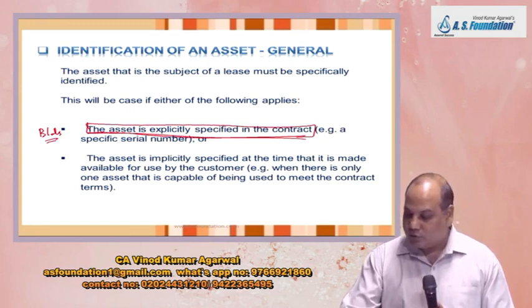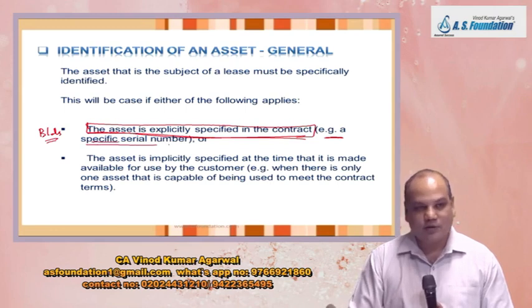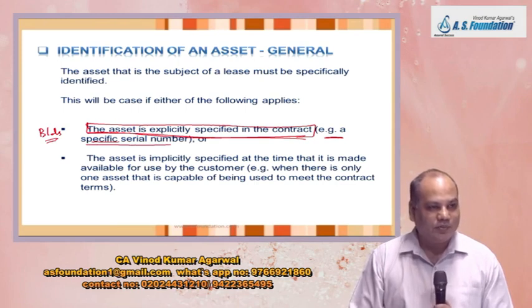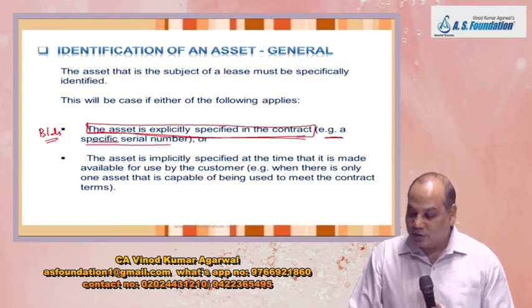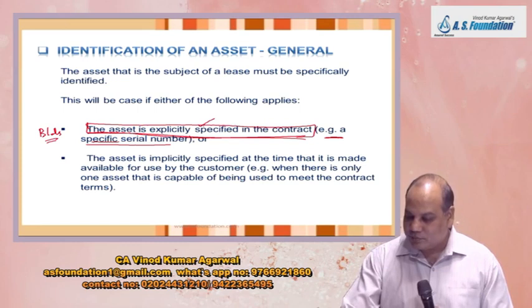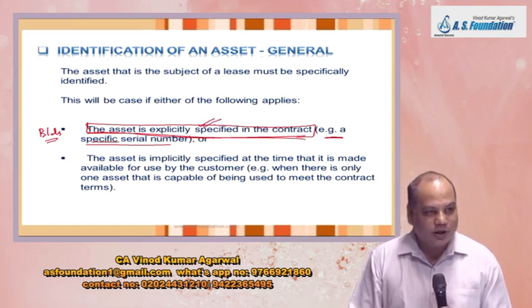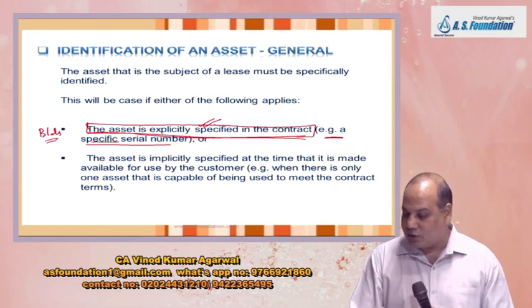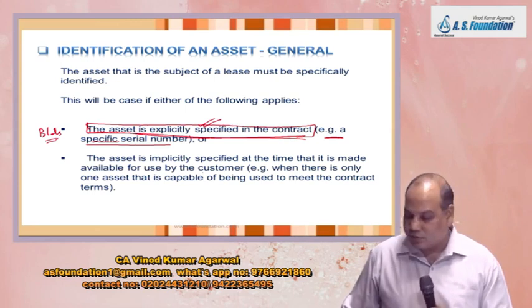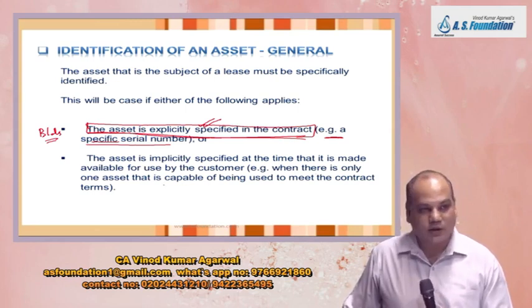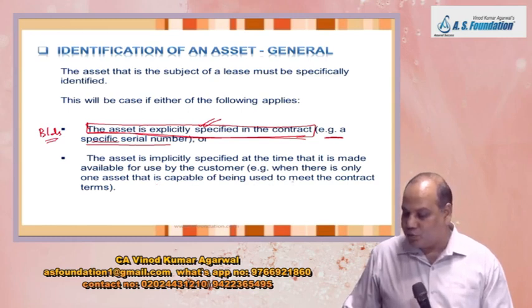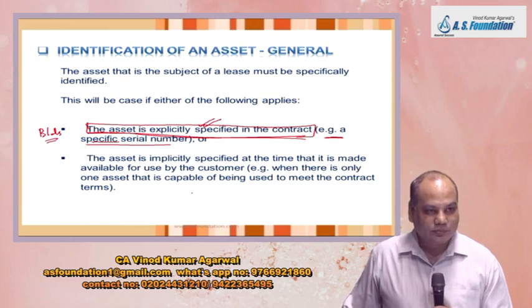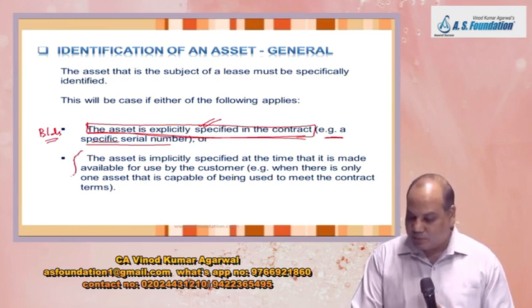In case of some assets like vehicles, there may be a registration number or engine number. So one way to identify a specific asset is an explicit way, like some number system through which we can identify it. Or the asset is implicitly specified at the time that it is made available for use by the customer. For example, when there is only one asset that is capable of being used to meet the contract terms. So sometimes it can be implicit.